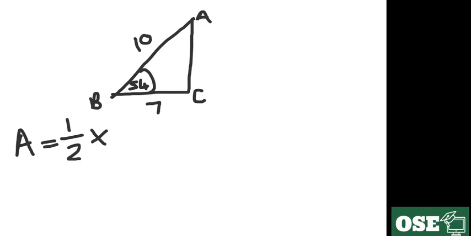It's BC, 7, ma'am. BC, correct. And your perpendicular height? It's AC. BC.